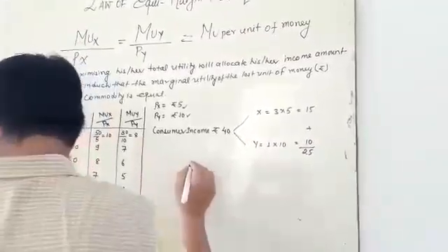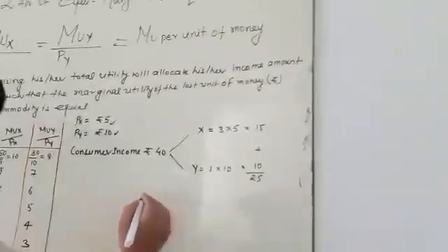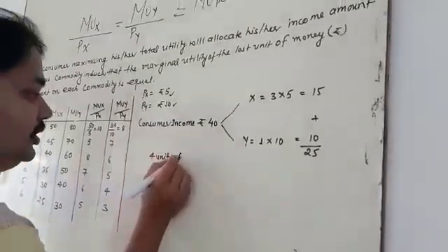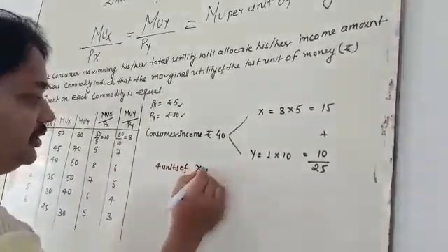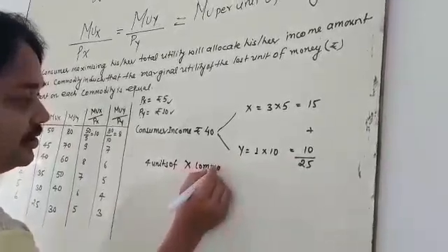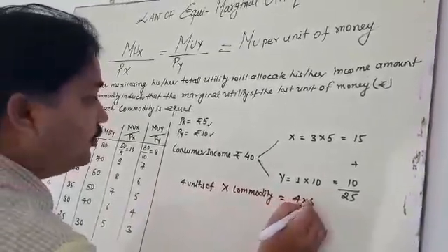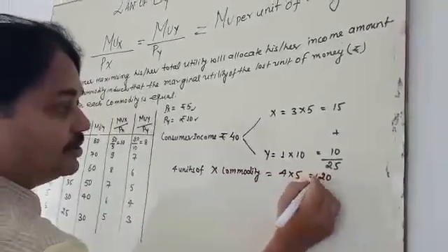With the help of another adjustment, you find out if he is going to take 4 units of X commodity, that is 4 into 5 is equal to 20 rupees.